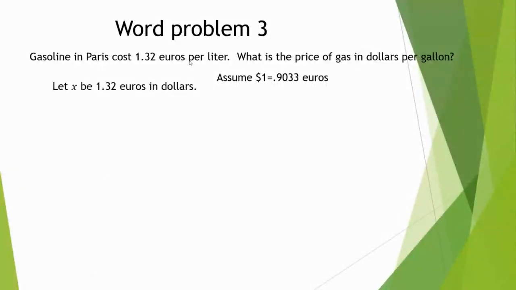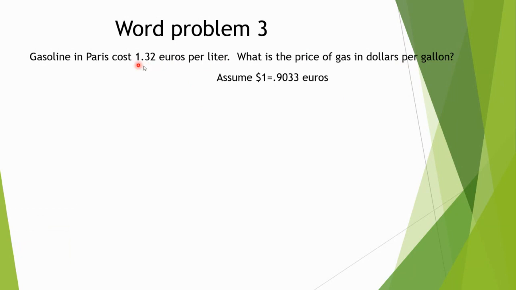So, again, there's two things we have to find here, okay? First, we have to figure out what 1.32 euros is in dollars, right? That's one thing we have to do. And we also have to convert liters into gallons.